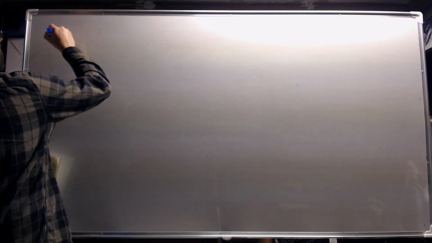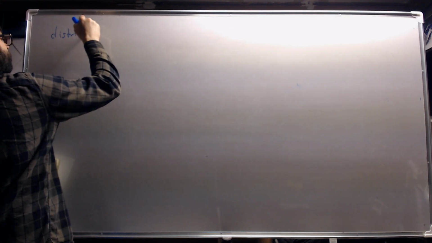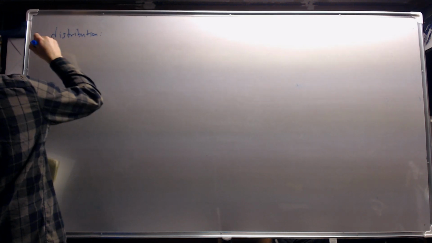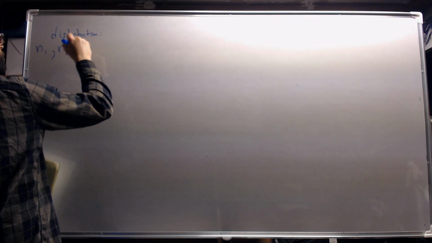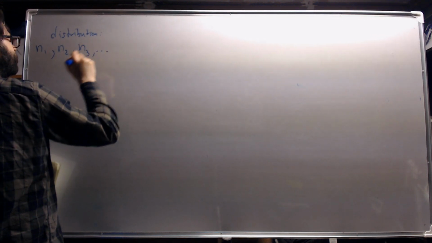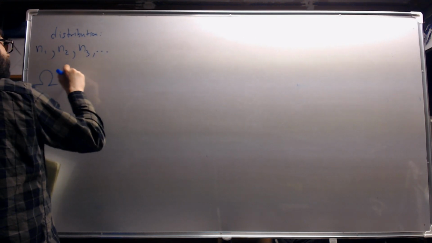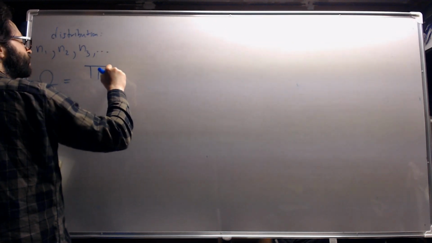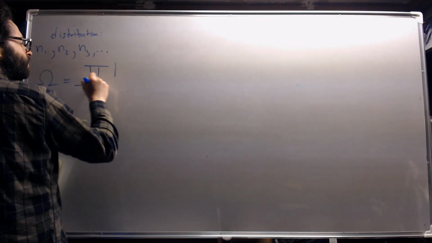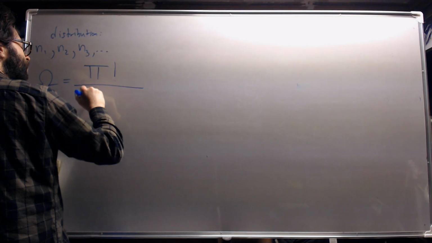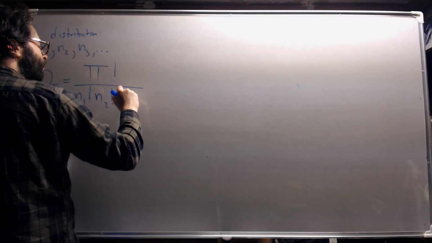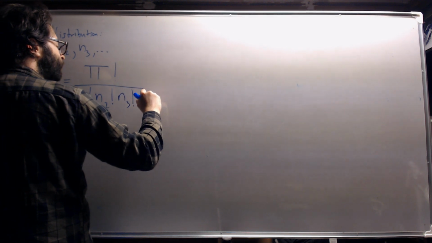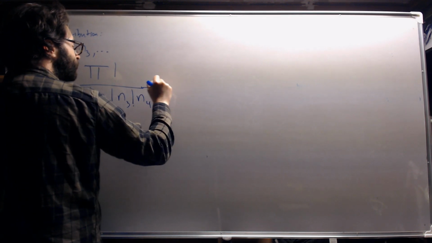Remember that omega, so the distribution will look something like N1 systems in microstate 1, N2 in microstate 2, N3 in microstate 3, and so on. Omega, remember, is the total number of systems in the ensemble, pi factorial, divided by N1 factorial, N2 factorial, N3 factorial, N4 factorial, and so on.